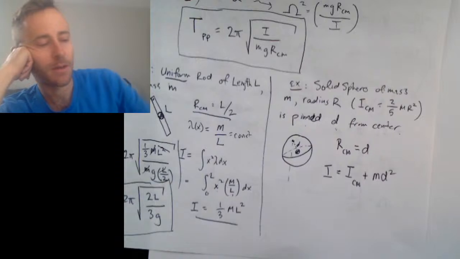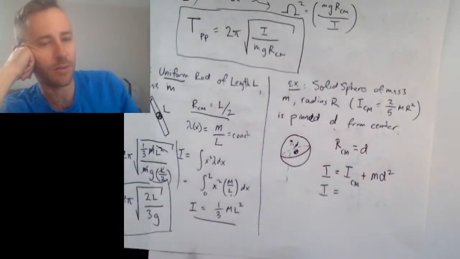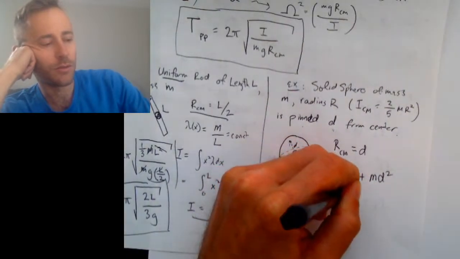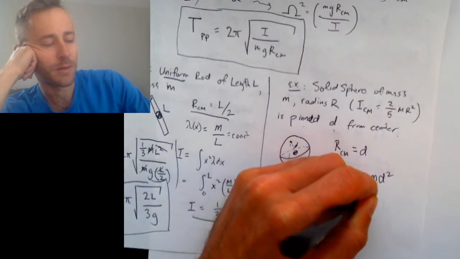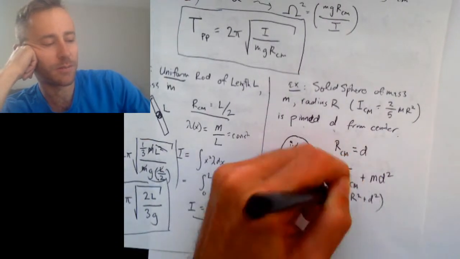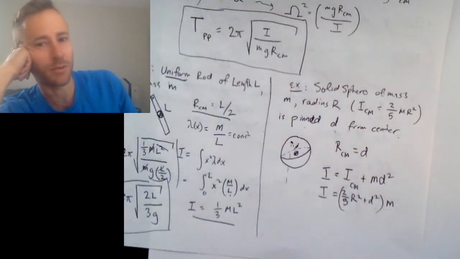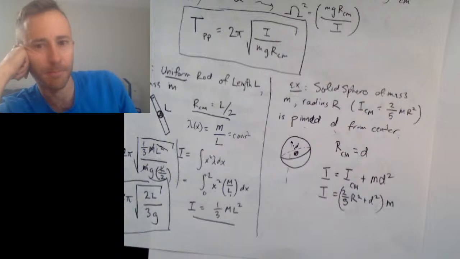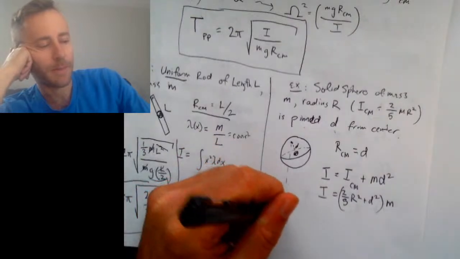So our inertia is actually going to be 2/5 r squared plus d squared, times m. I factored out the m because both terms have the m in it.